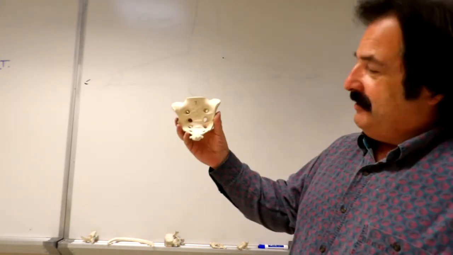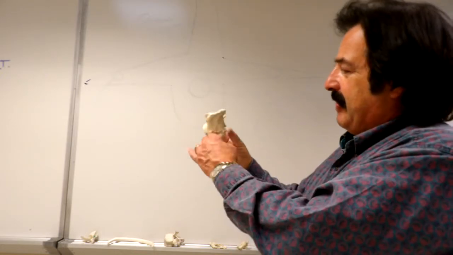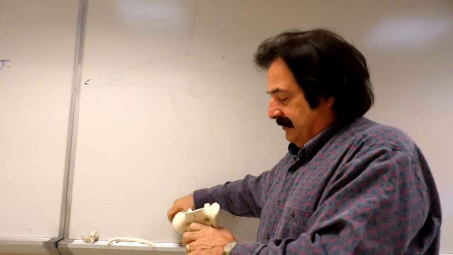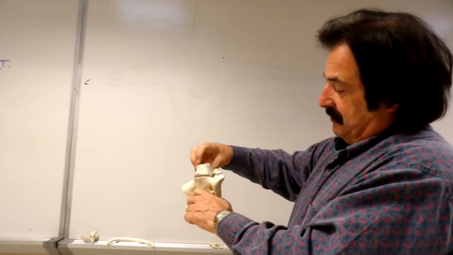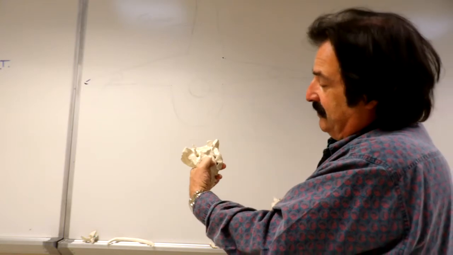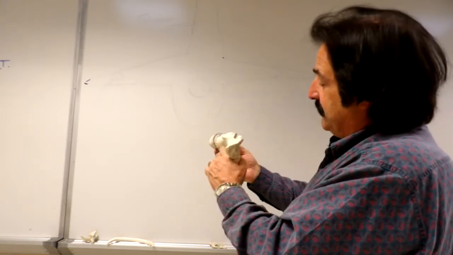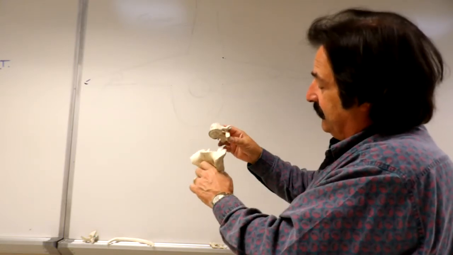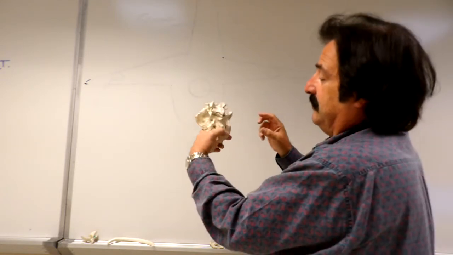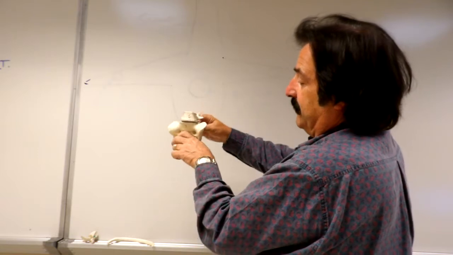Here's the sacrum right here. L5 right up on top of there. Bam, just like this. Here are the articulating process. Here are the inferior articulating process, and bam, it sits right there like that.